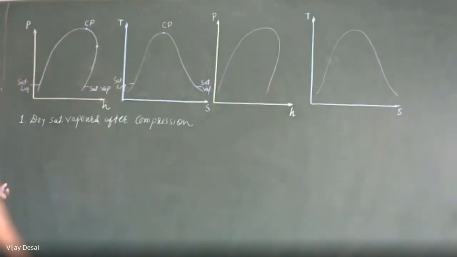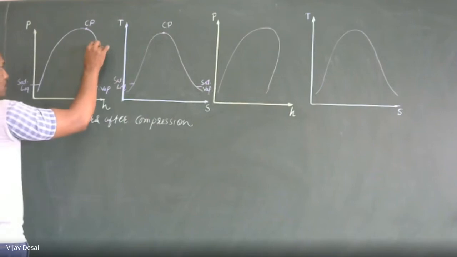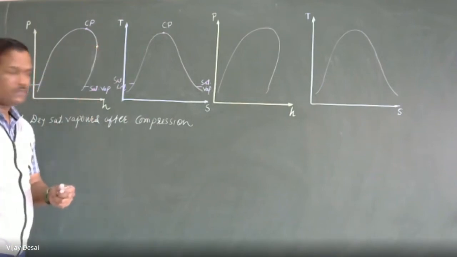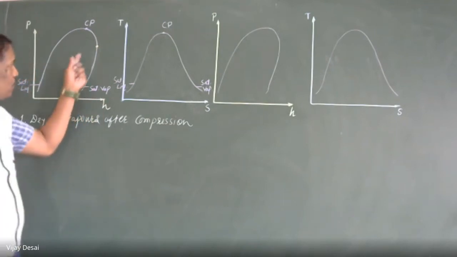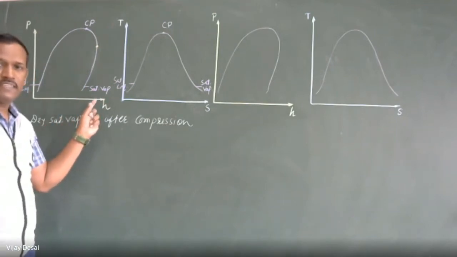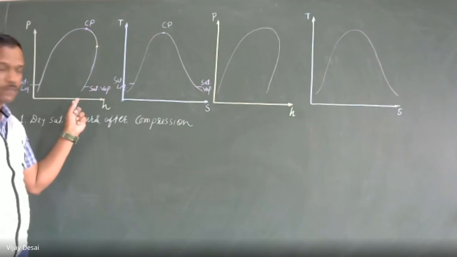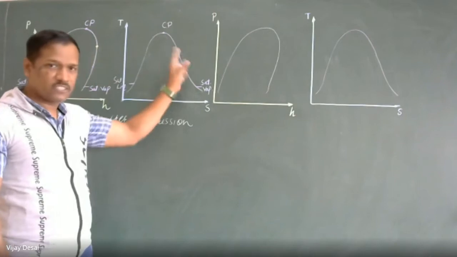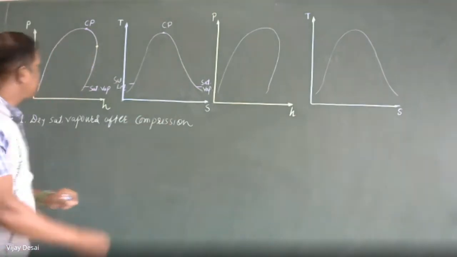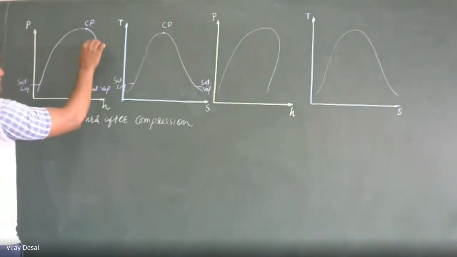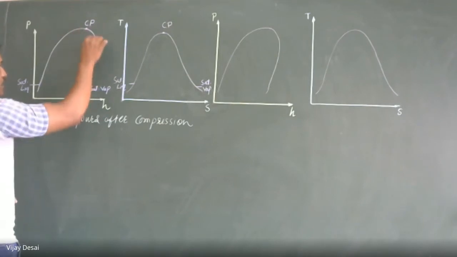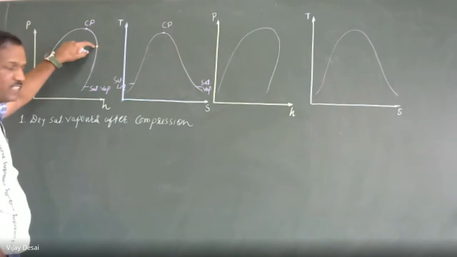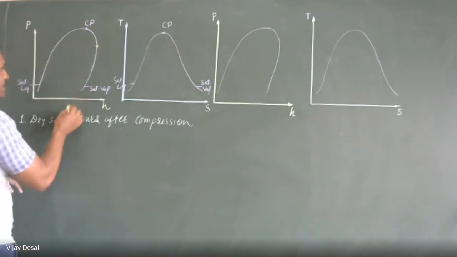So a constant entropy curve on the pH diagram. The constant entropy line on the pH diagram is always curved. But on the TS diagram, it is exactly vertical because the entropy is constant. So this is the point on dry saturated vapor. That means after compression, your vapor is exactly dry saturated. So before compression, it must be wet.